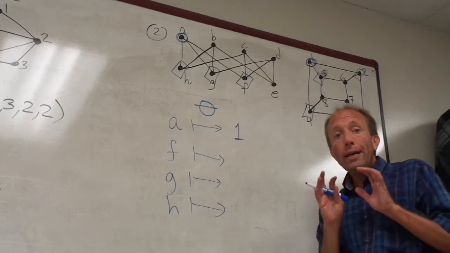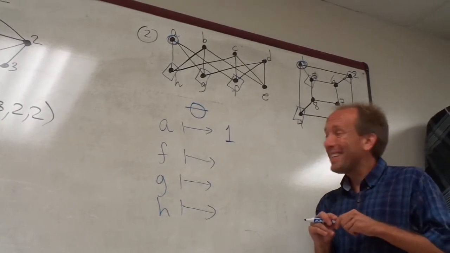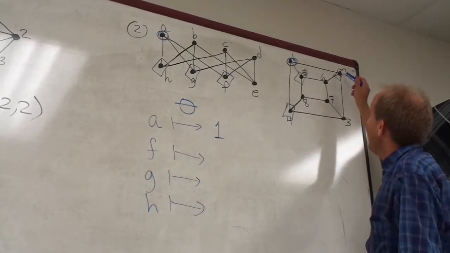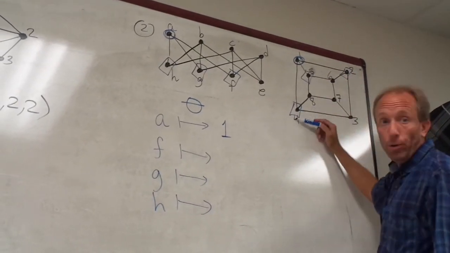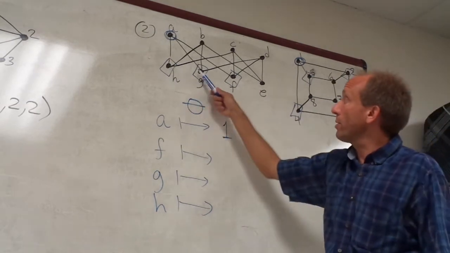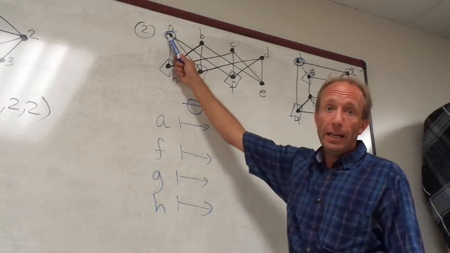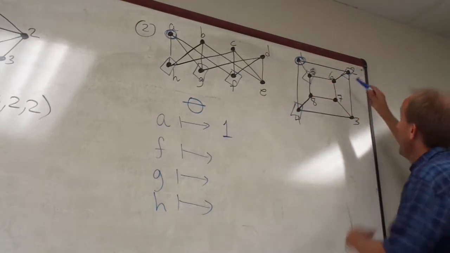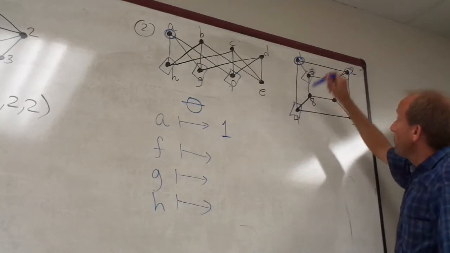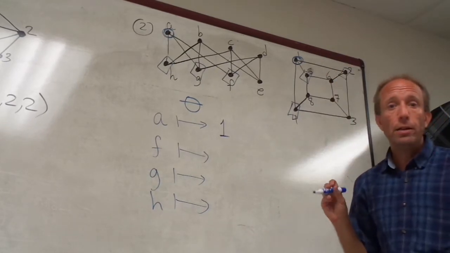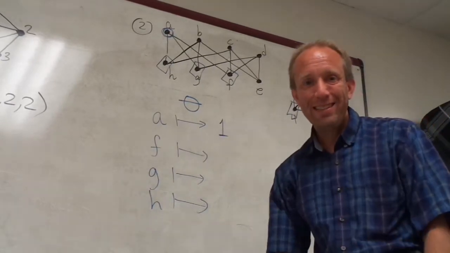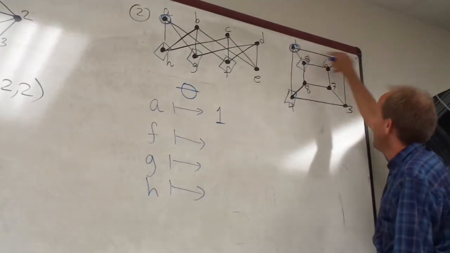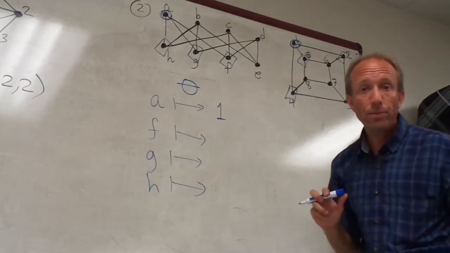So what I should expect is that F, G, and H have to be mapping somehow to 2, 5, and 4. In other words, these 3 vertices that are connected to vertex A have to be associated through theta to these 3 vertices, 2, 5, and 4, that are connected to vertex 1, so that we're preserving the edges that A is connected to and making sure they map to the edges that 1 is connected to.